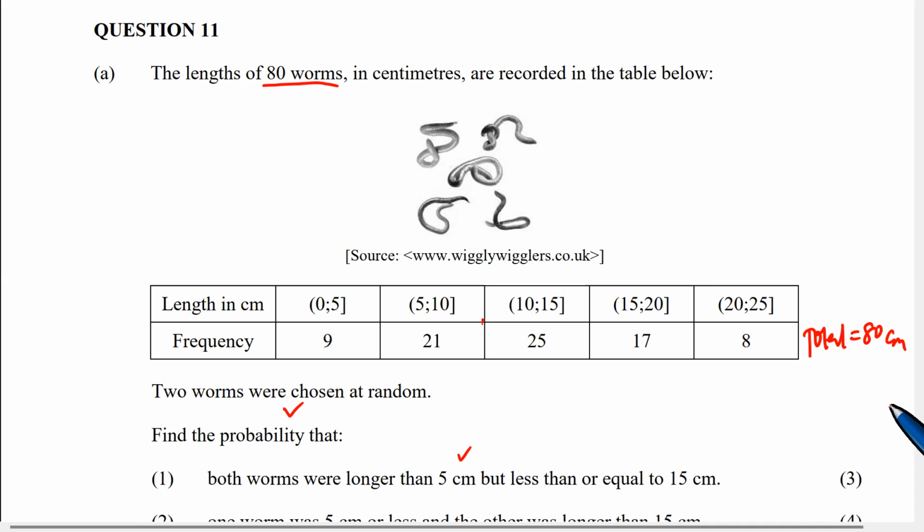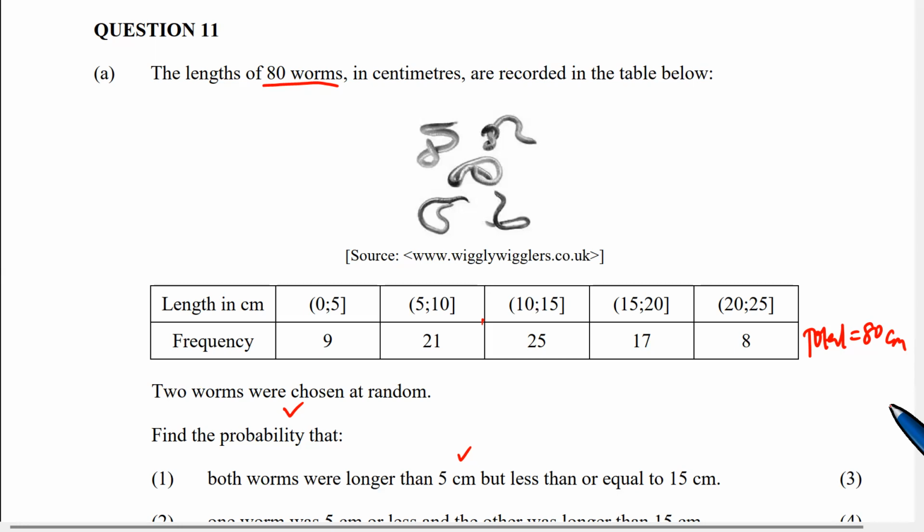Two worms were chosen at random. Find the probability that both worms were longer than 5 centimeters, but less than or equal to 15. Anyone who knows how to calculate the probability? We shall do the corrections now. I want to see if somebody can do this question quickly. Can we just give the probability that both worms were longer than 5, but less than or equal to 15?